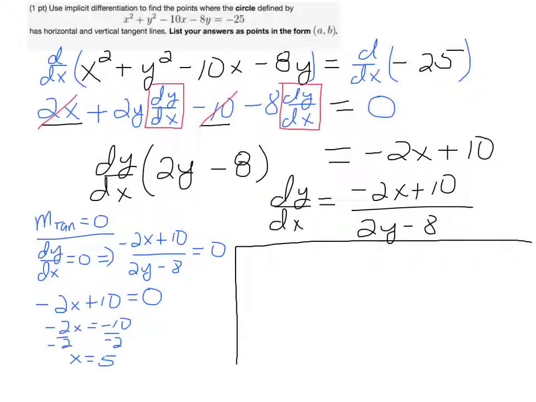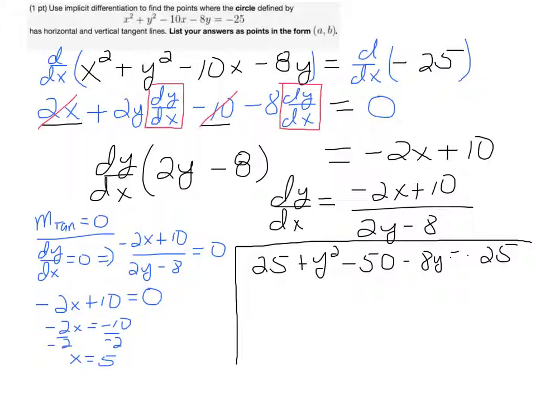I'm going to put a 5 into the x squared, and when I do that, I get 25 plus y squared minus, and then I put 5 into the x here, and 5 times minus 10 is minus 50, minus 8y is equal to minus 25.